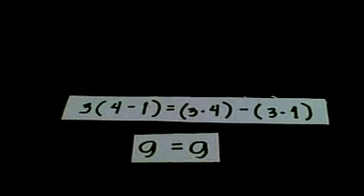Another example for subtraction, 3 times quantity 4 minus 1 is equal to quantity 3 times 4 minus quantity 3 times 1. So 4 minus 1 is 3 times 3 is 9. 3 times 4 is 12 minus 3 times 1, in the identity property, it will be 3. So 12 minus 3 would be 9.